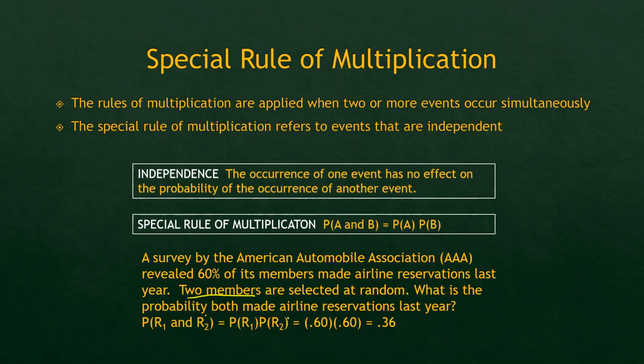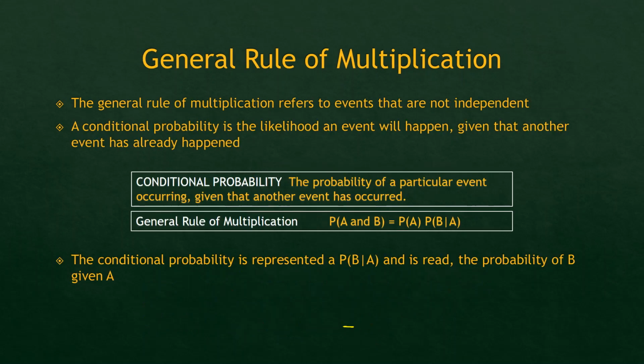The probability that one will have made an airline reservation is 0.6, and that 0.6 has no effect on the other individual. So 0.6 times 0.6, the probability of the first one and the second individual at random both making airline reservations within the past year, is 0.36.